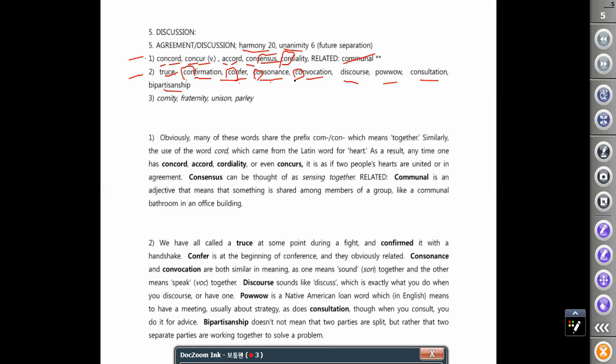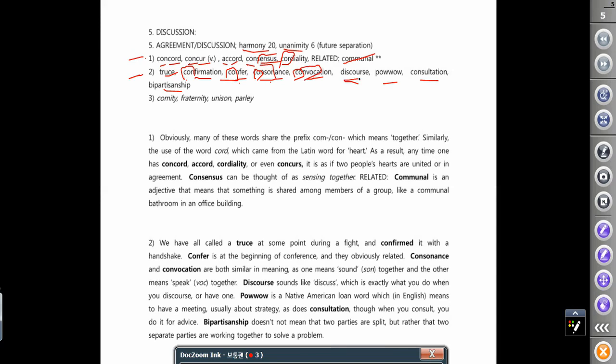Truce is a fairly common word, and that's actually a document or an official discussion. But for con words, we have firm, strength. Confer means come together also. Consonance means sound or voice together, just like convocation is voc or vocal, speak together.